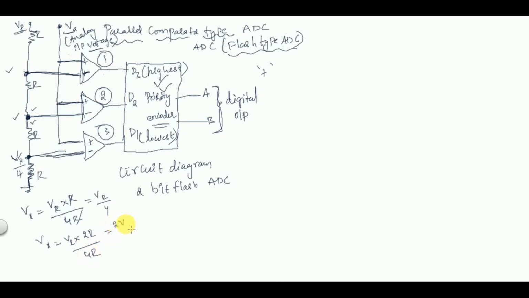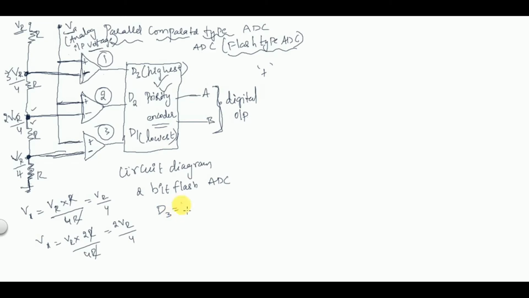So R gets cancelled, and it will be 2VR by 4. So the voltage here will be 2VR divided by 4. Similarly, the voltage here will be 3VR divided by 4. This is how we can find the unknown voltages, and we know the operation of the priority encoder also.